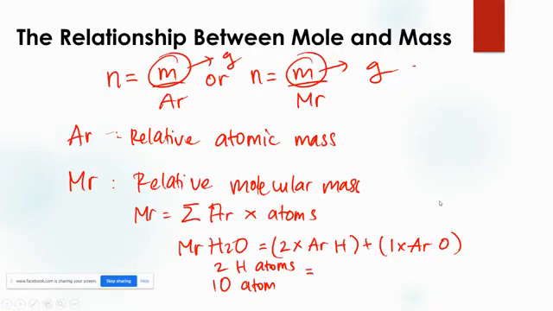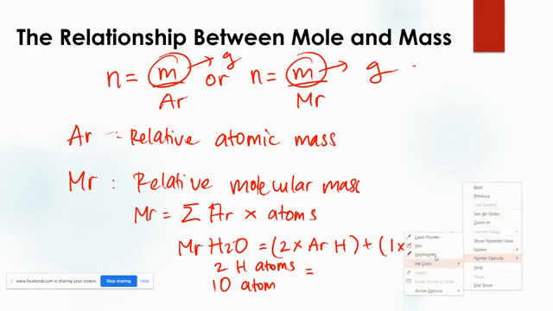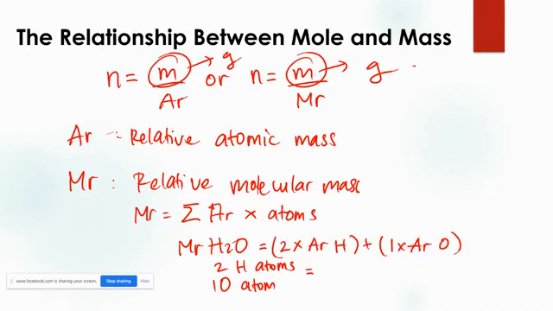So let's substitute the values into this equation. Two times 1 plus 1 times 16. 2 plus 16, it's 18. So the MR of water molecule is 18.